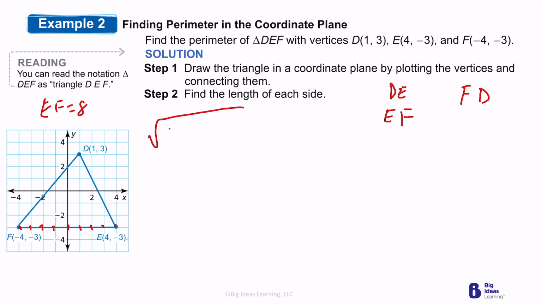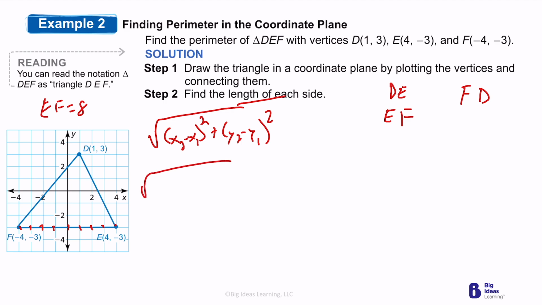So square root of (x2 minus x1) squared plus (y2 minus y1) squared. So for DE, we have (1, 3) and (4, -3). And again, it does not matter which one you choose as x1 and x2. It doesn't matter.